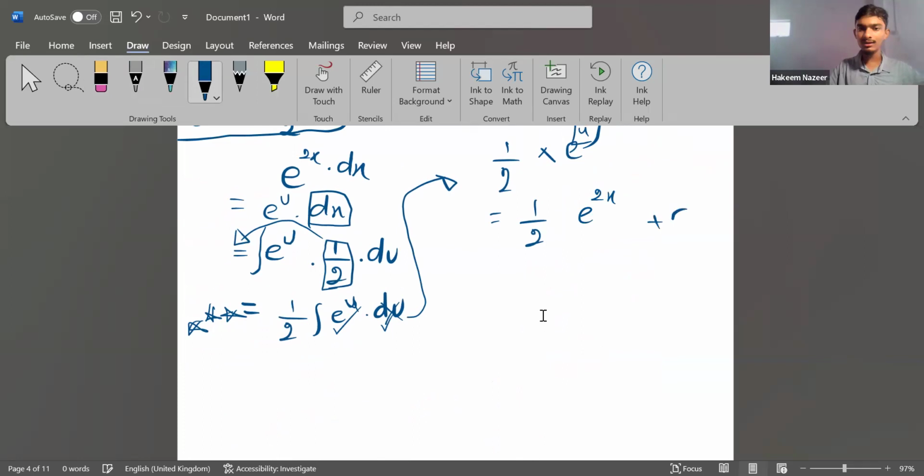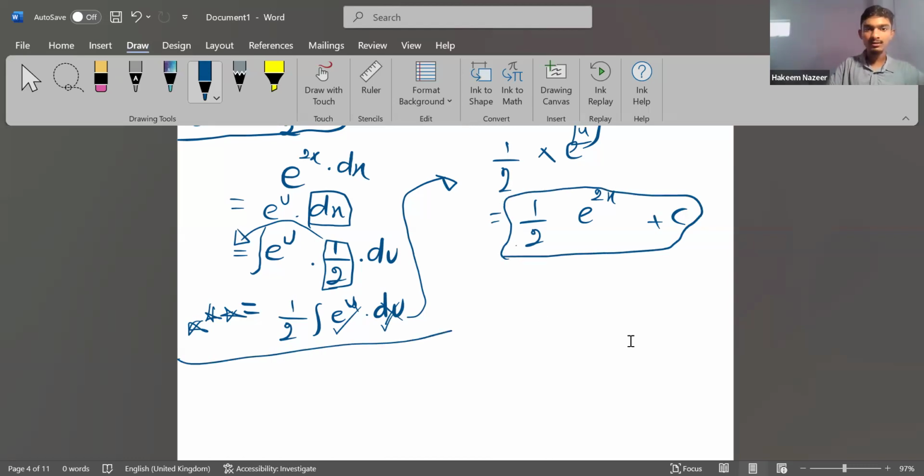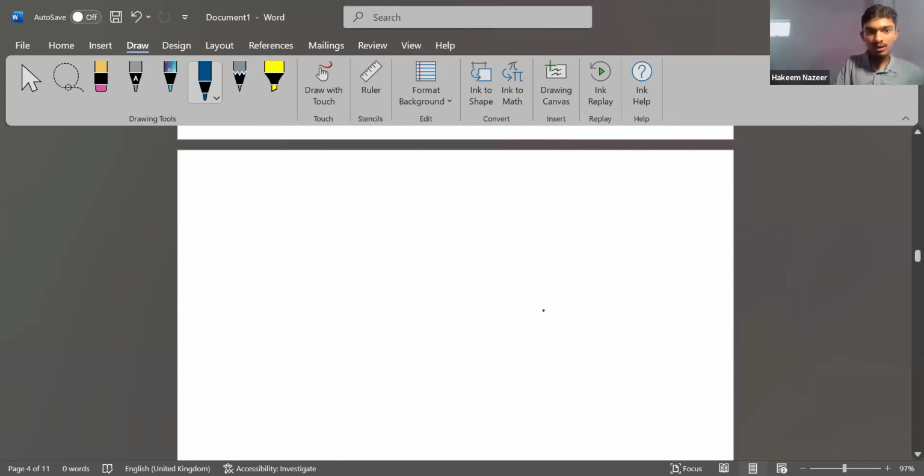How do we substitute? Listen, easy. I start from the easiest one. Again, I have another question: e to the power 3x dx. Now we need to represent u equal to 3x. Substituted.